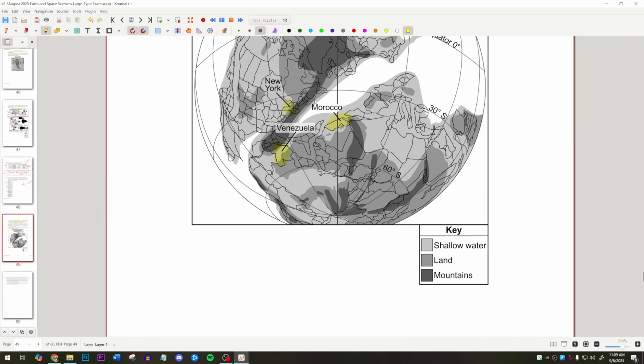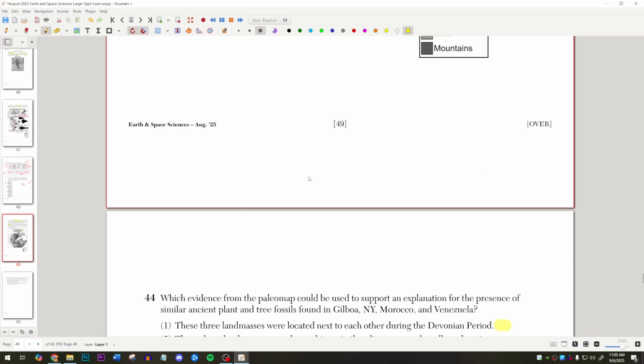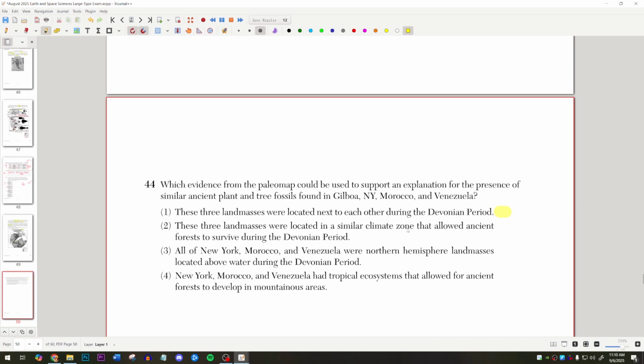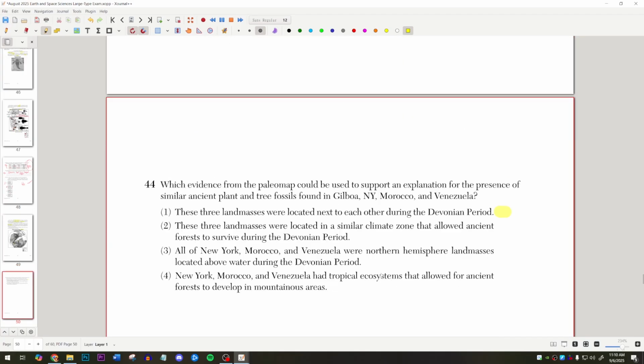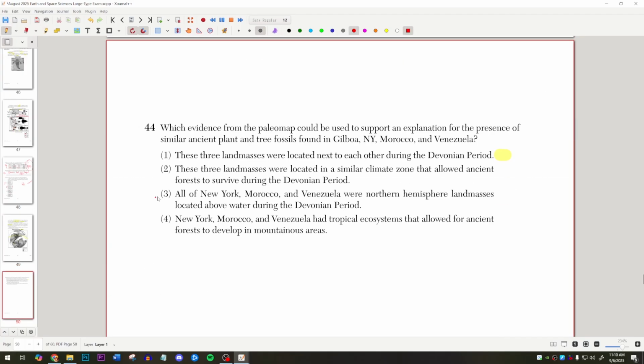I mean, I guess they're not technically next to each other. They're close. Next to would be right next to each other. So they are in a similar climate area. That could be right. All of them were in the northern hemisphere? No, the equator's here. So they're in the southern hemisphere. So that one's wrong.